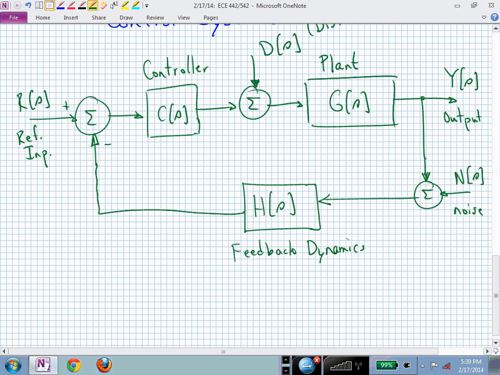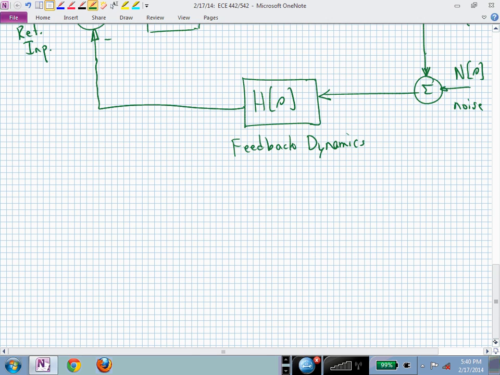There's really two things that we may want to put into a discrete form. We may want to convert C of S, and or we may want to convert that plant. And there are two different reasons for doing that. But let me just write that down as far as what we may want to do.